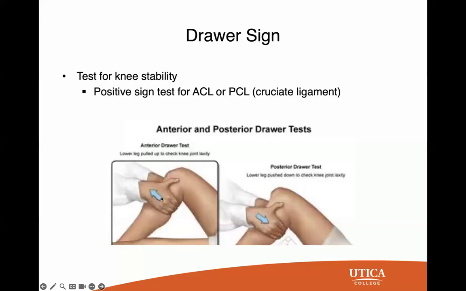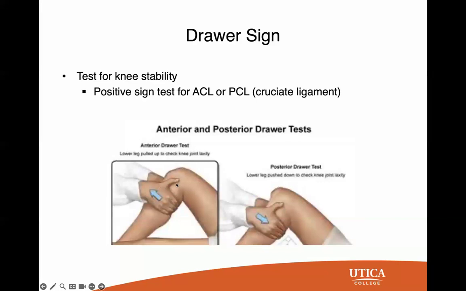Essentially you are pulling the leg in a direction where at some point those ligaments, if they're functioning as expected, will stop the leg or the knee from moving any further. Same thing if you're pushing down on it. If you're going too far in a direction where you would expect it to stop, that should cue you in that something is unexpected. So like you're pulling here and pushing here.